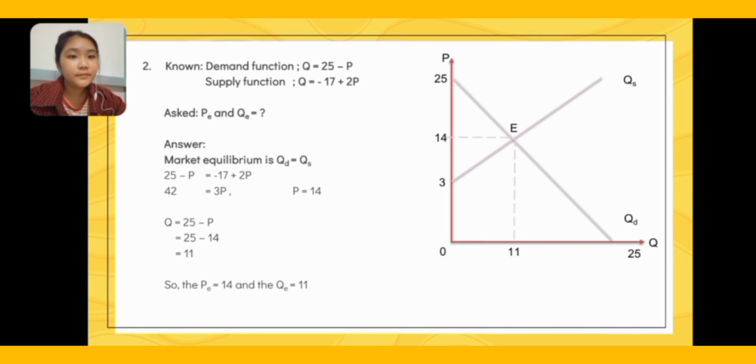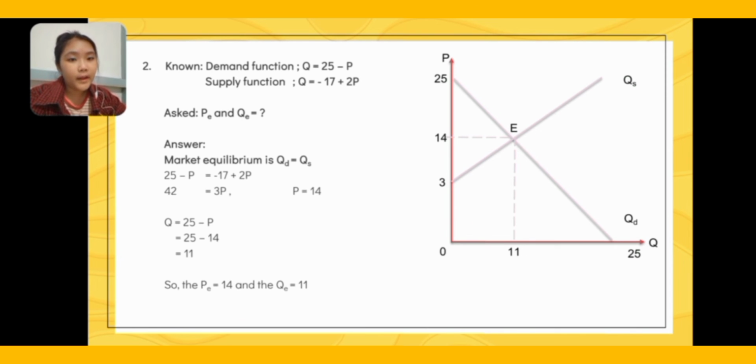Okay, we got the P, and then we have to solve for Q, right? Q equals 25 minus P, and then equals 25 minus 14, since we got 14 for P. 25 minus 14 equals 11.